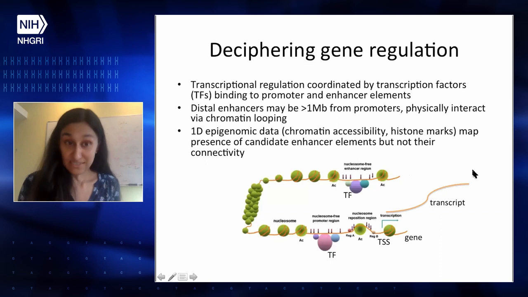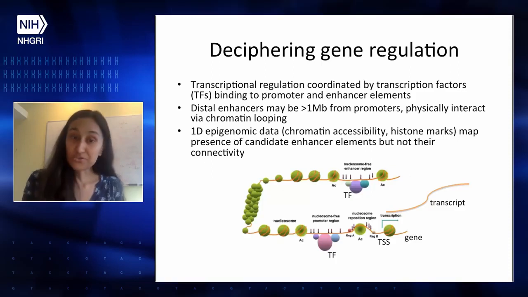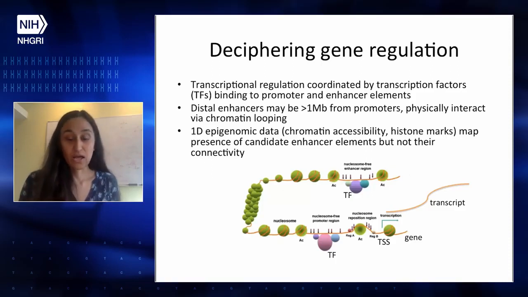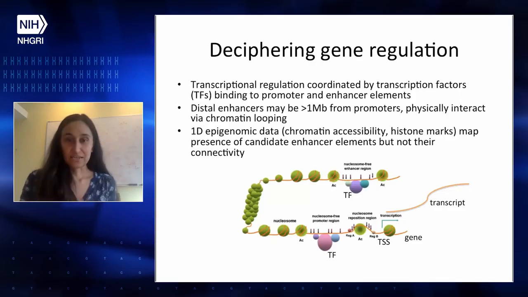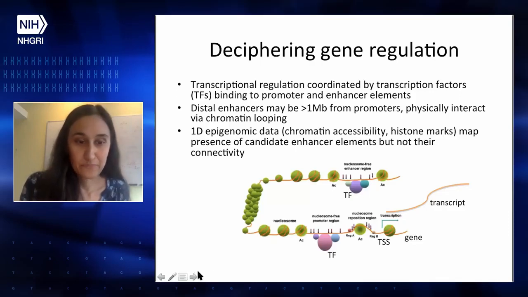And for quite some time, we've used 1D epigenomic data, information on where transcription factors are binding, information about chromatin accessibility and histone marks to map the presence of candidate enhancer elements, but we haven't used until recently the 3D connectivity of these elements.